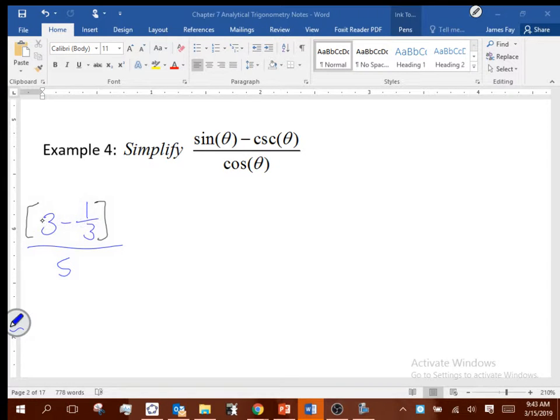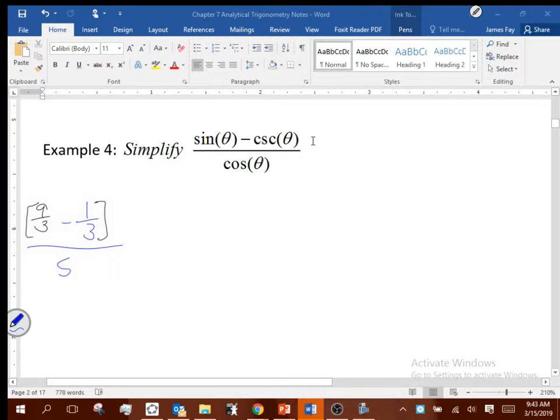Now, it's trivial here for our denominator, but you would go through the order of operations here. So if I'm going to go through the order of operations here, what would I end up doing first? Okay, I would subtract, but you would rewrite that 3 as 9 over 3, right? You'd find a common denominator. Okay? And then we would rewrite that as 9 minus 1 over 3, and that becomes 8 over 3, right? If you can do that process with numerical values, it's the same thing here. Okay?